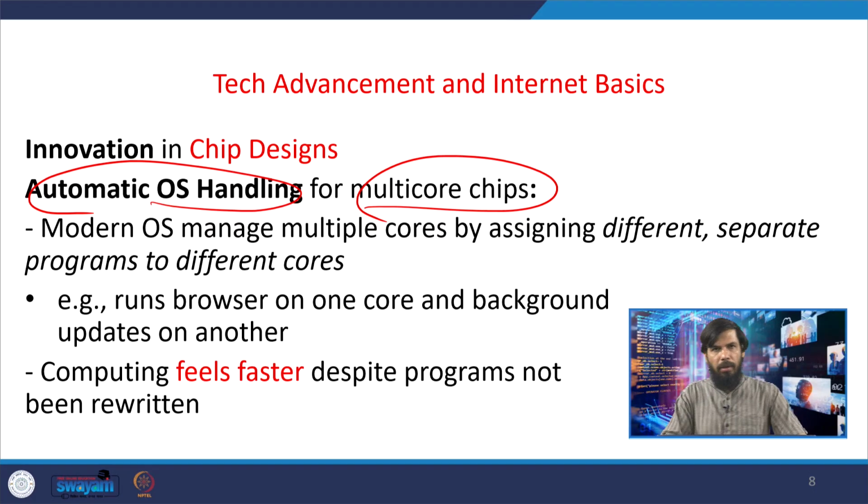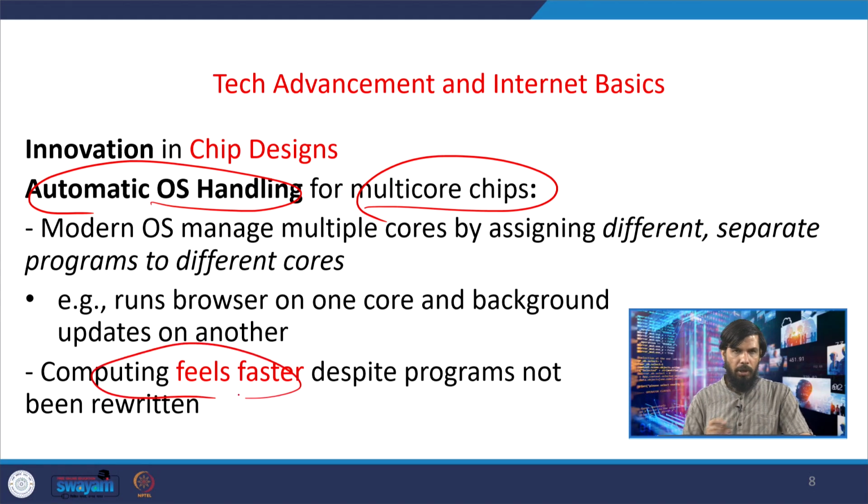While at the task level it might not be manageable, at the program level it is manageable, because the OS can assign separate programs to different cores, right, and therefore overall computing will feel faster, because you are running multiple applications and all of them are getting executed.